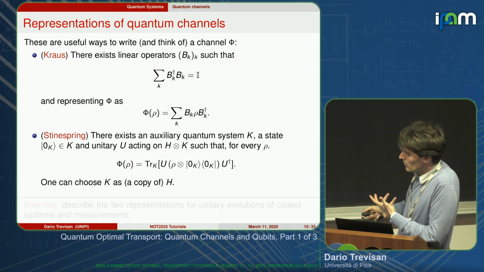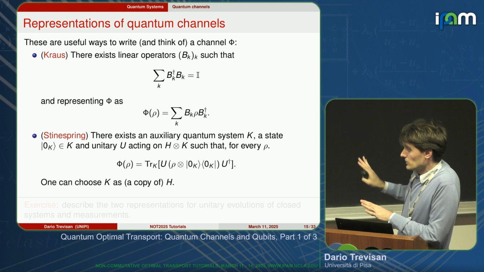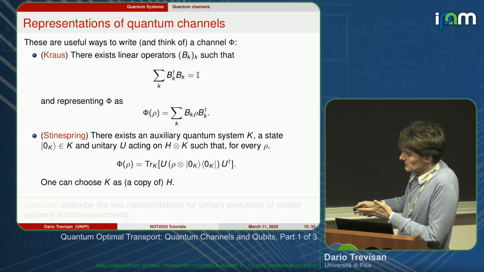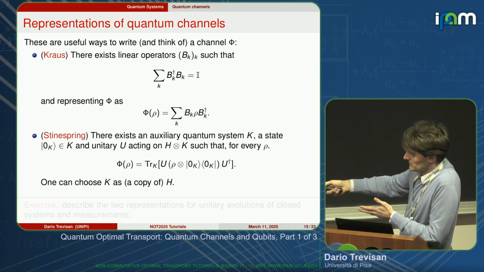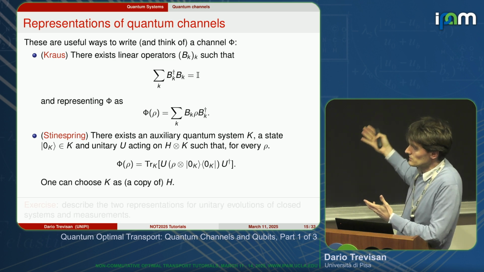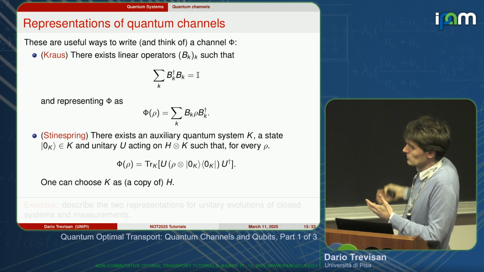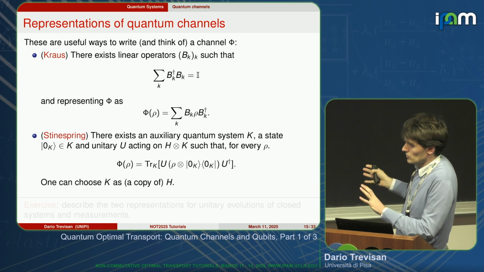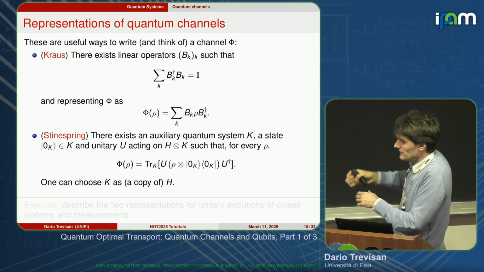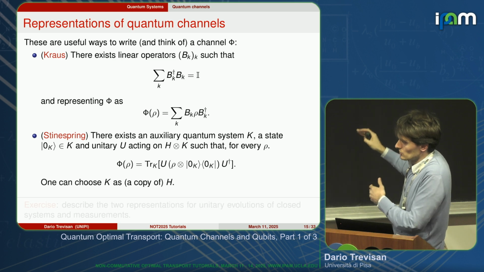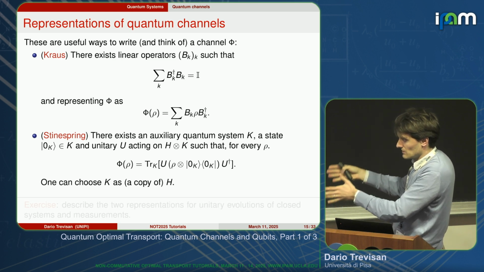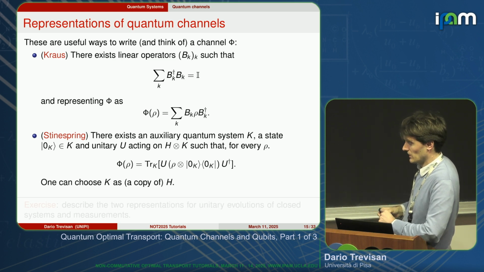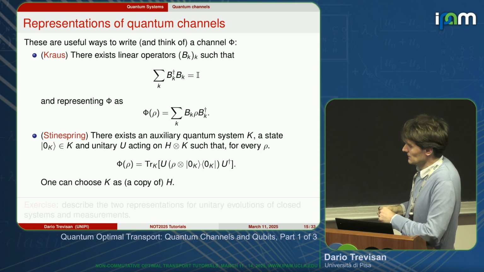You take rho on system H, you do the tensor product with the pure state on the auxiliary system K. You do the evolution with this unitary U on the joint system, so this is a sort of closed system evolution. And then you do the trace over K: you forget about K, you take just the marginal, and you look at the marginal on H. This is the Stinespring representation of a quantum channel.